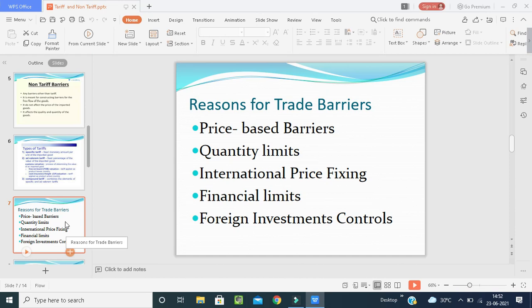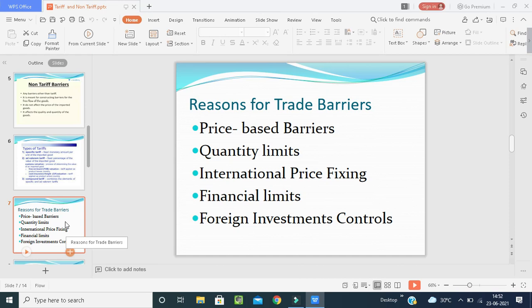Next one is quantity limits. A quantity limit is also known as a quota. An import quota is a direct restriction on the quantity of some goods that may be imported into a country.